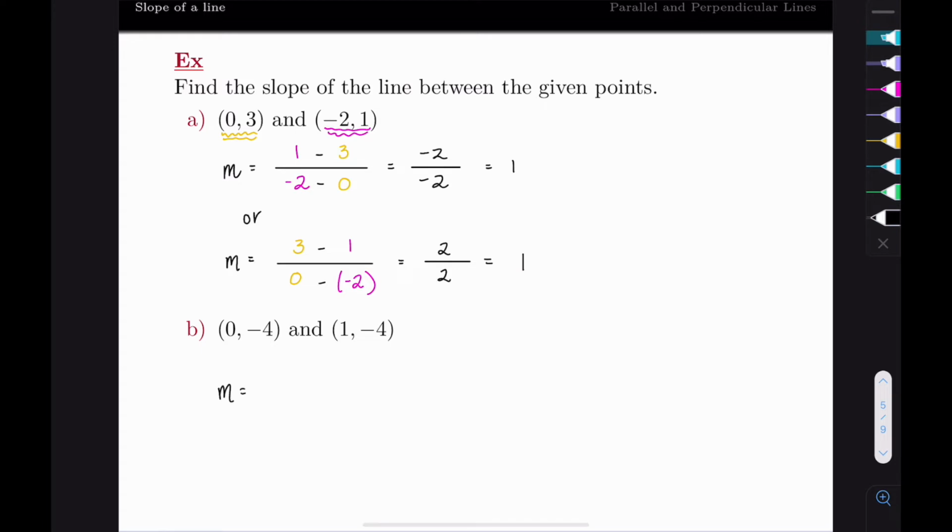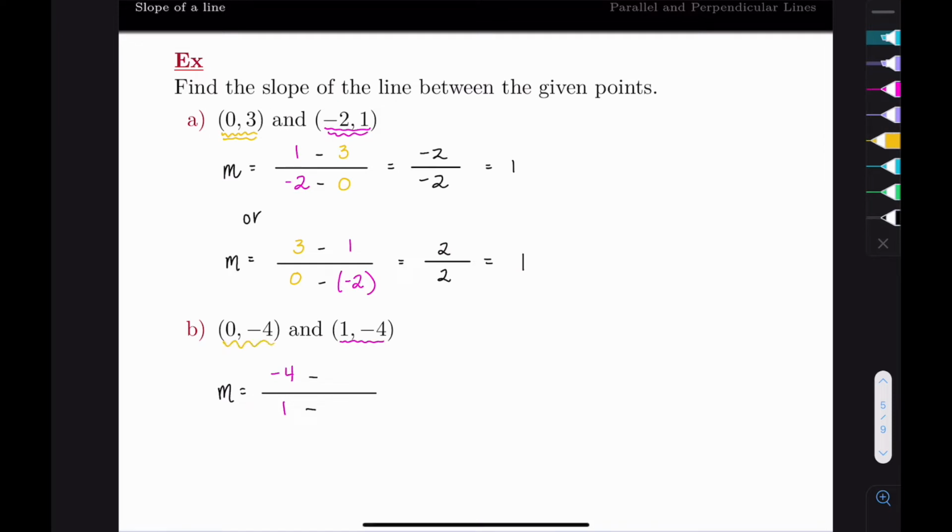So let's try another example. We're going to find the slope between (0, -4) and (1, -4). So we set up our fraction, and we're going to be doing subtraction. We'll go ahead and put the second point first. So -4 is the y value, 1 is the x.